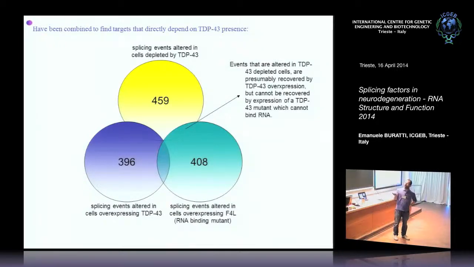So out of all these splicing alterations, we were interested in the ones that were altered when Tdp-43 was depleted, that were recovered when we put back an siRNA-resistant Tdp-43, but which could not be recovered when we put back an siRNA-resistant Tdp-43 that could not bind RNA.